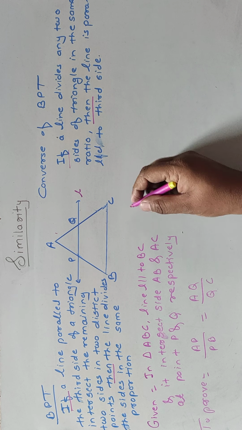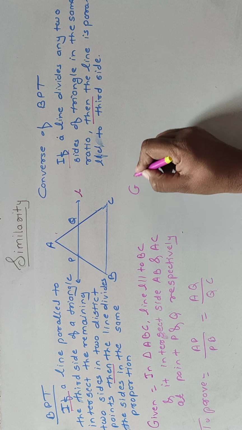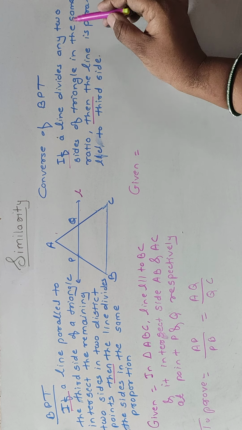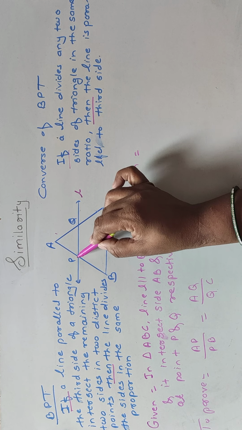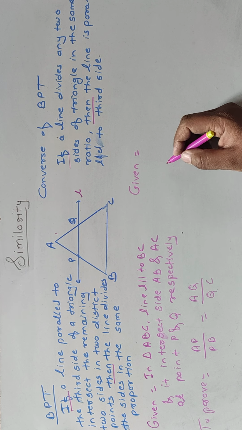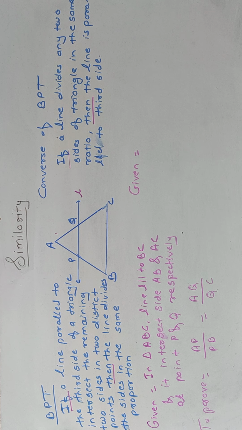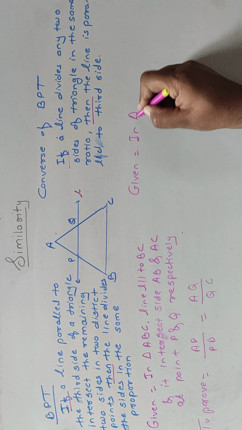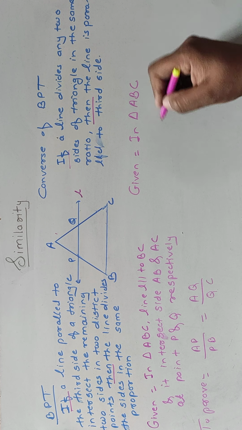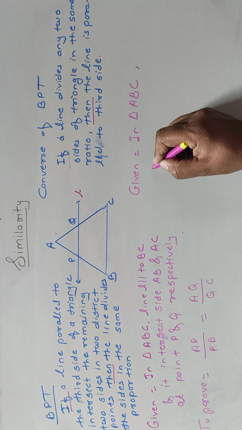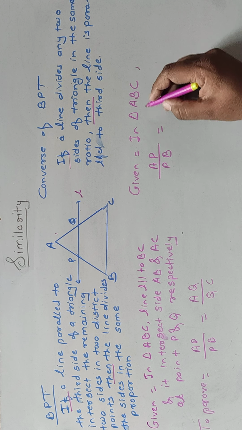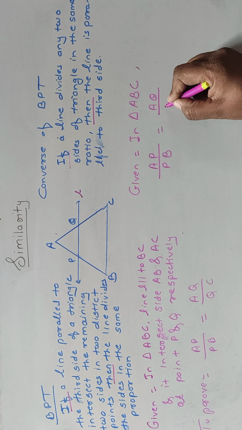And for the converse, the given is that a line divides any two sides of a triangle in the same ratio, meaning here they gave us AP upon PB is equal to AQ upon QC. So the given is: in triangle ABC, AP upon PB is equal to AQ upon QC.